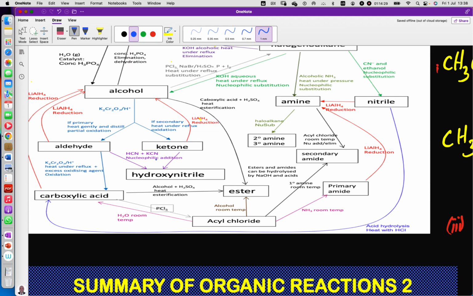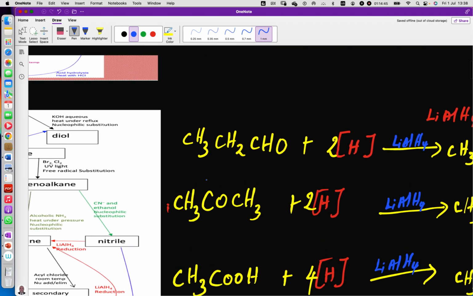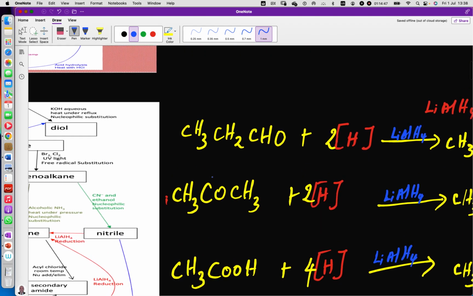The cyanide ion acts as a nucleophile, added onto the aldehyde or the ketone, and the product will be a hydroxynitrile. Let me give you an example for you to understand.